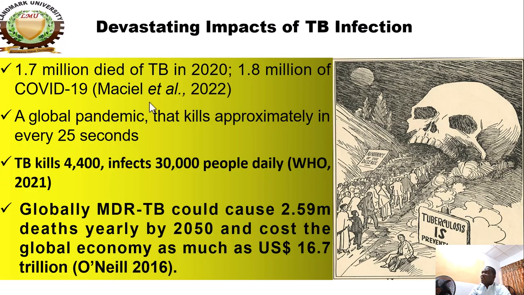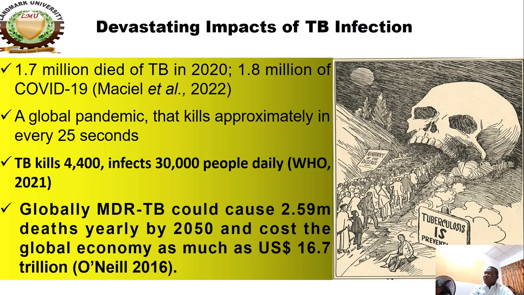It is known that in 2020, more than 1.7 million died of TB, while 1.8 million died of COVID, making TB the second largest killer.